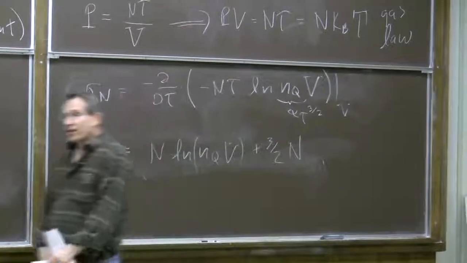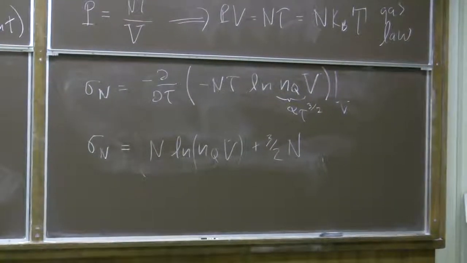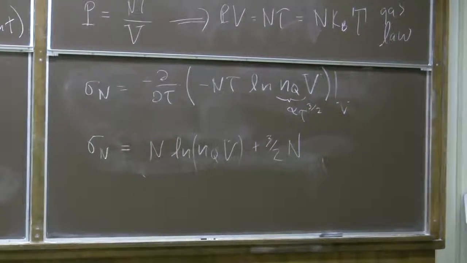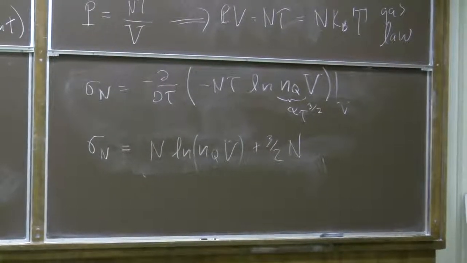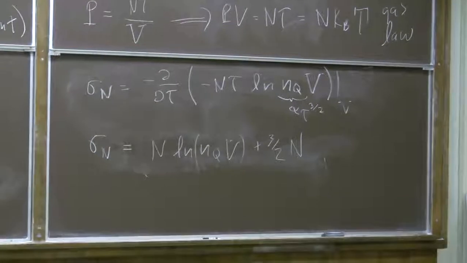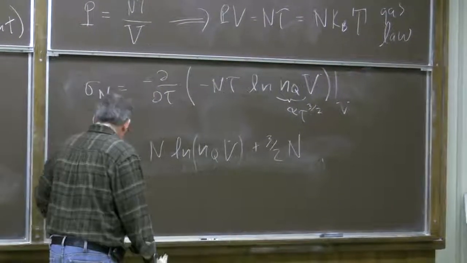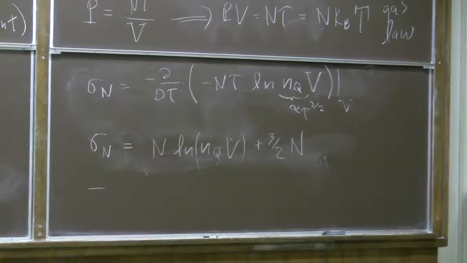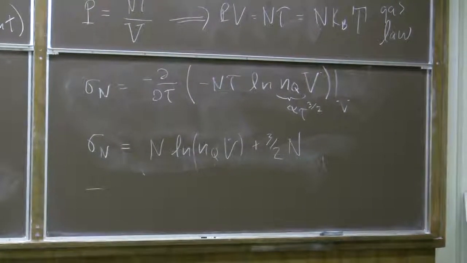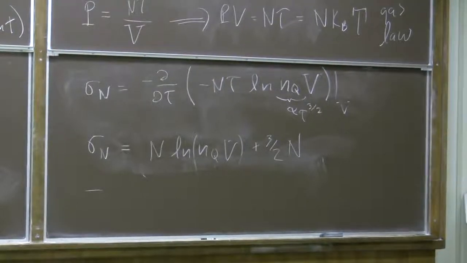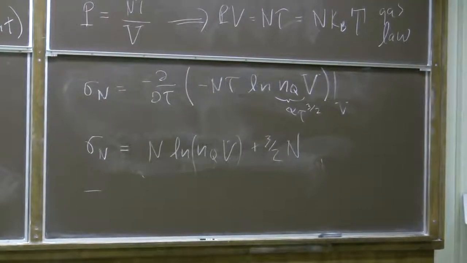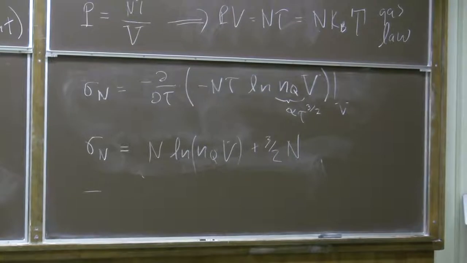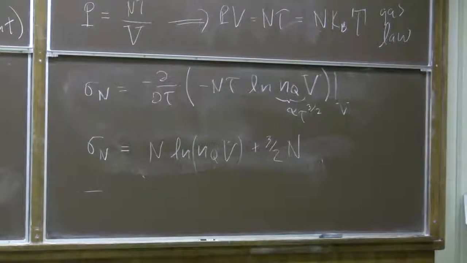Now, this formula for entropy is quite interesting, and in several ways, a little bit mysterious. One thing that's interesting about it is it depends on h bar. When I calculated the ensemble average of the energy, I got a formula which would be recognized by a classical physicist and would have looked very familiar to Maxwell, for example.